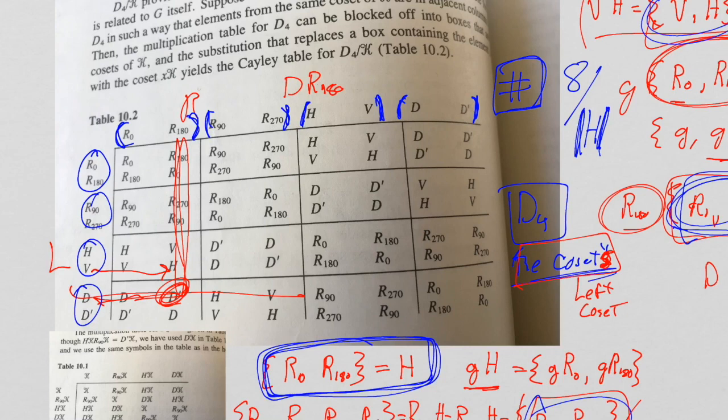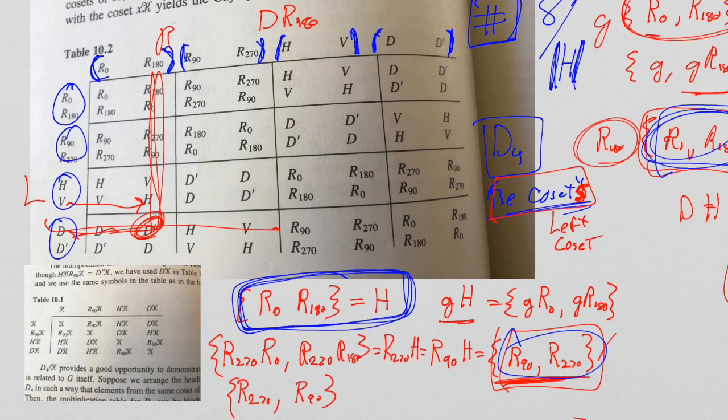Now, it can be that a group has no subgroups, and no subgroups means it's its own coset, right? You could have a group so small that there are no proper subgroups. Like, for example, if you just had R0 and V, that is isomorphic to a really simple group.